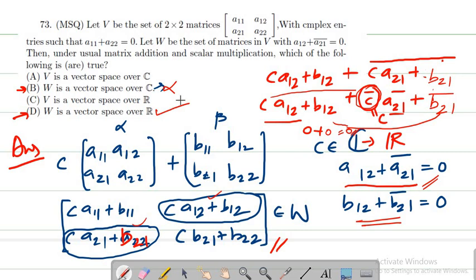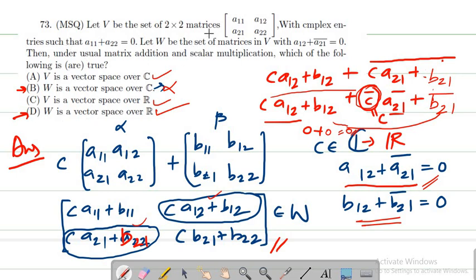And what about the other two? The other two are going to be true, which you can simply verify using the vector space axioms. None of the properties are going to cause any problem except this particular case that we have seen.